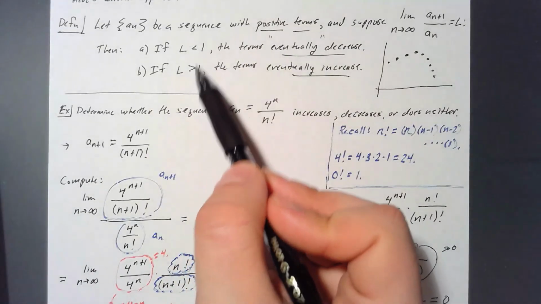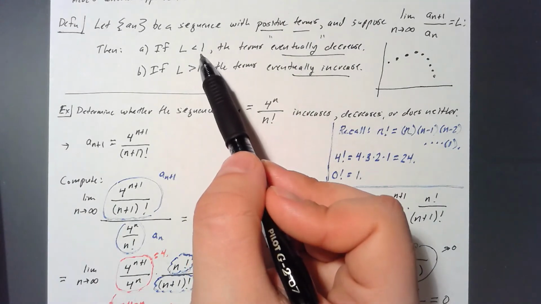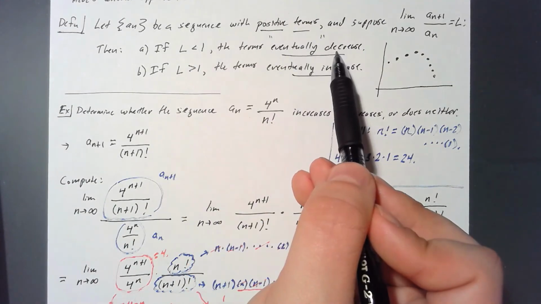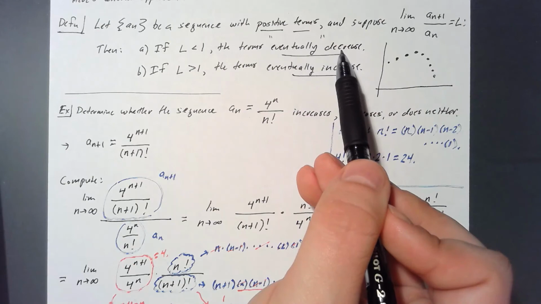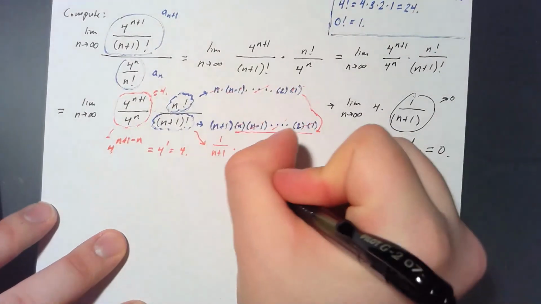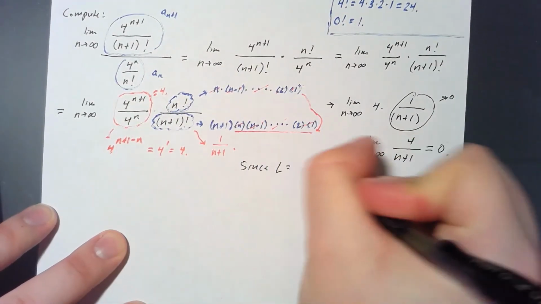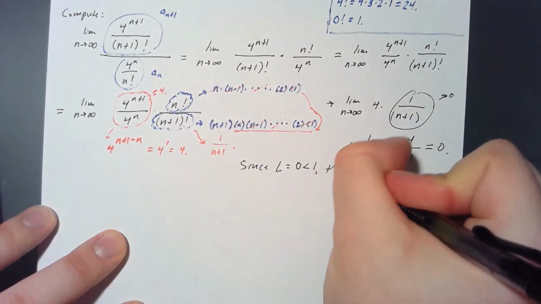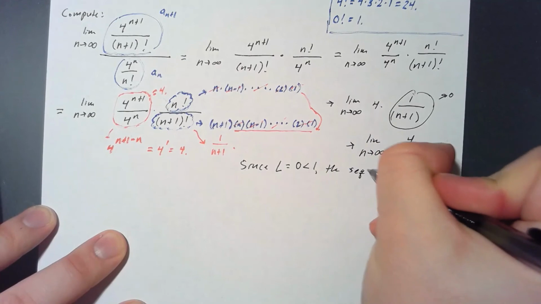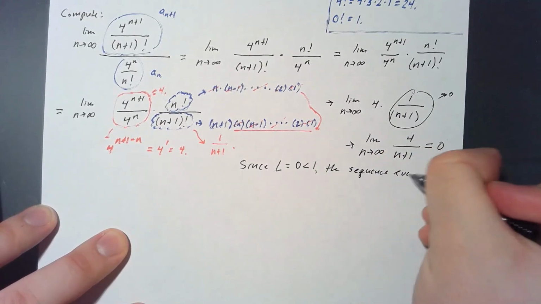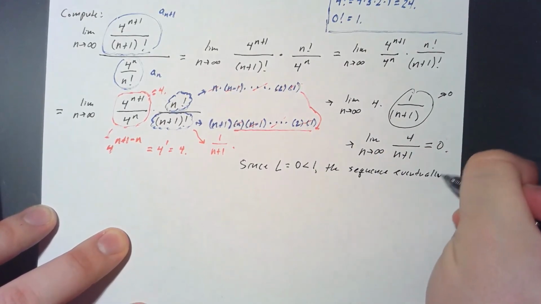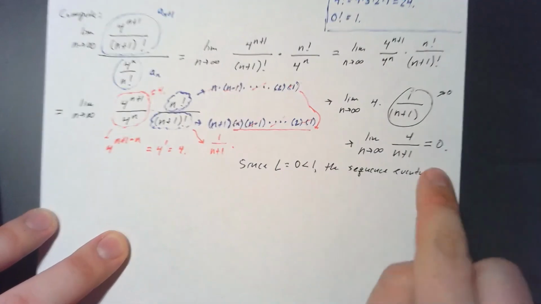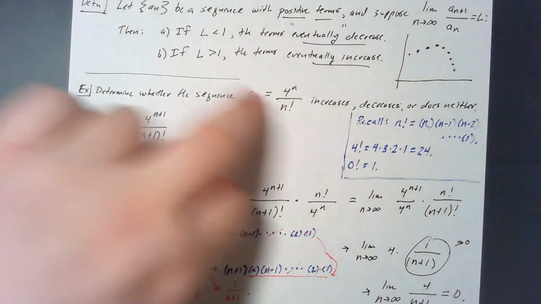Is 0 less than 1 or greater than 1? Obviously it's less than 1, so the terms eventually decrease. So since the limit equals 0, which is less than 1, the sequence eventually decreases.